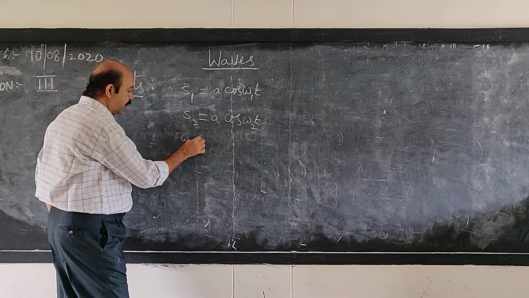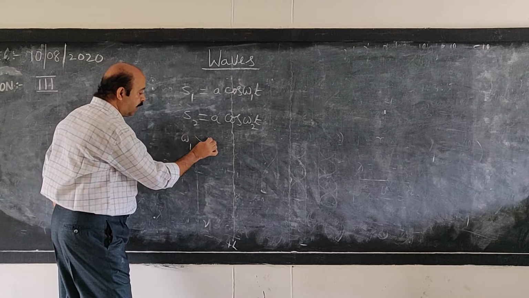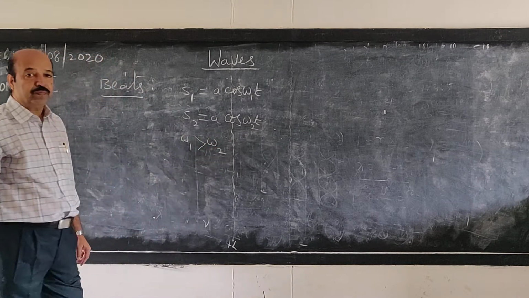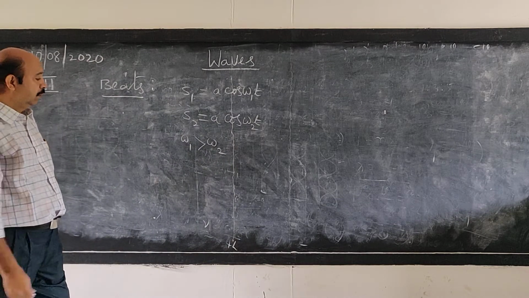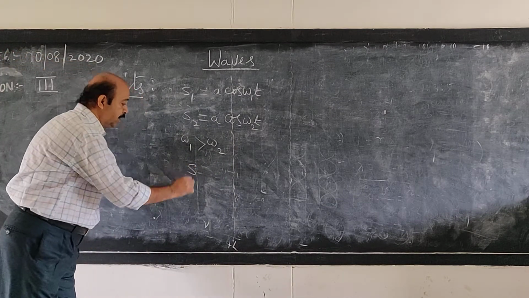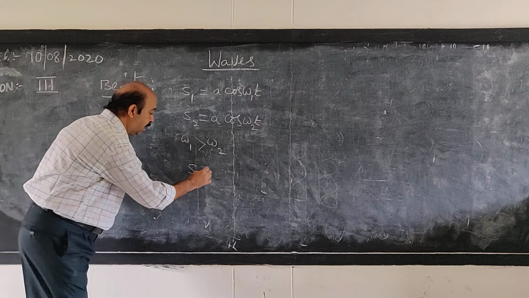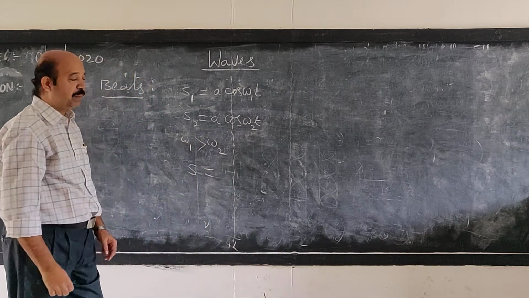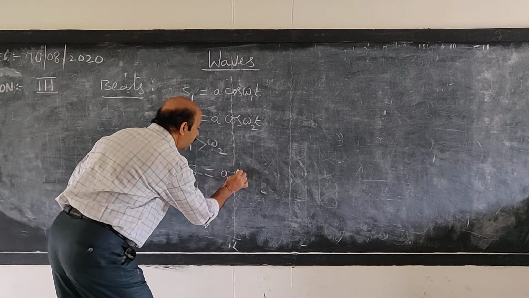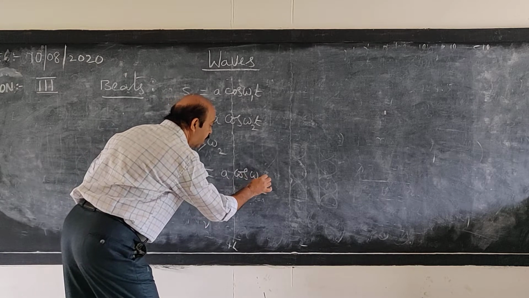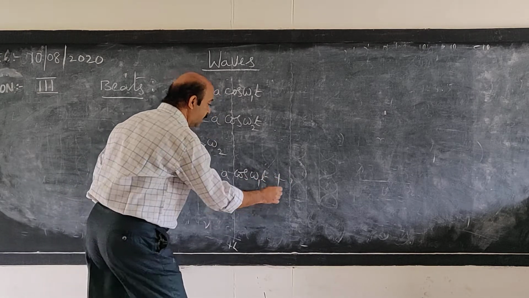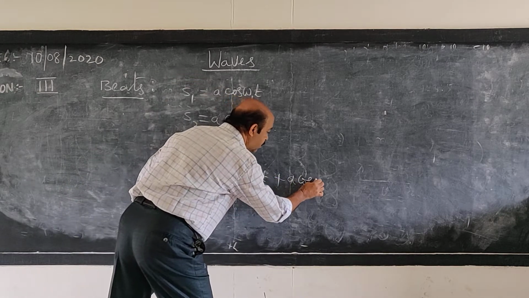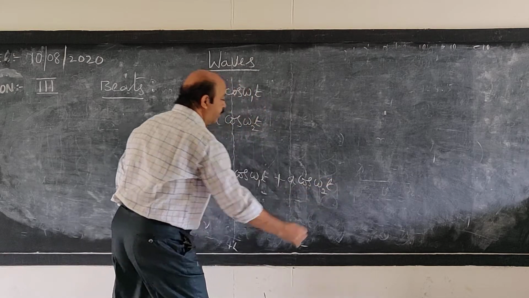Let us suppose omega 1 is slightly greater than omega 2. Now when they overlap, the resultant wave, according to the superposition principle, is A cos omega 1 t plus A cos omega 2 t.